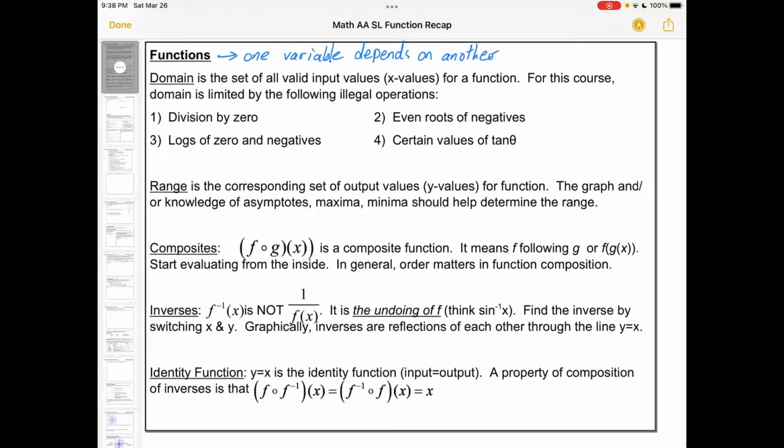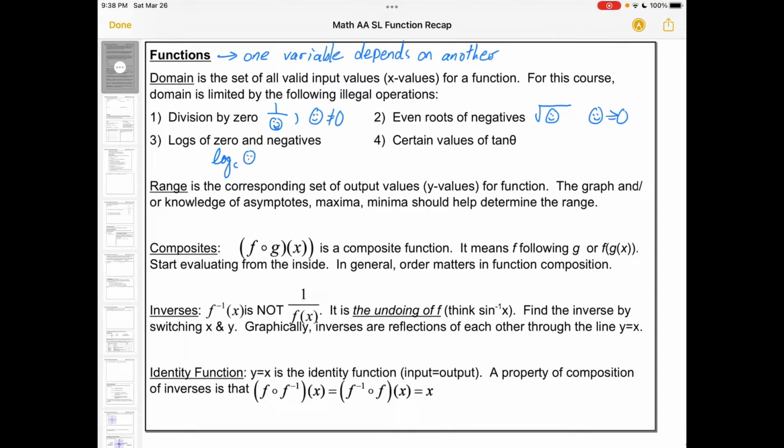So here are the things that are going to limit domain. Division by 0. If you have 1 over something, that something cannot be 0. Even roots of negatives. If you have, say, the square root of something, then that something has to be greater than or equal to 0. Logs of 0 and negatives.